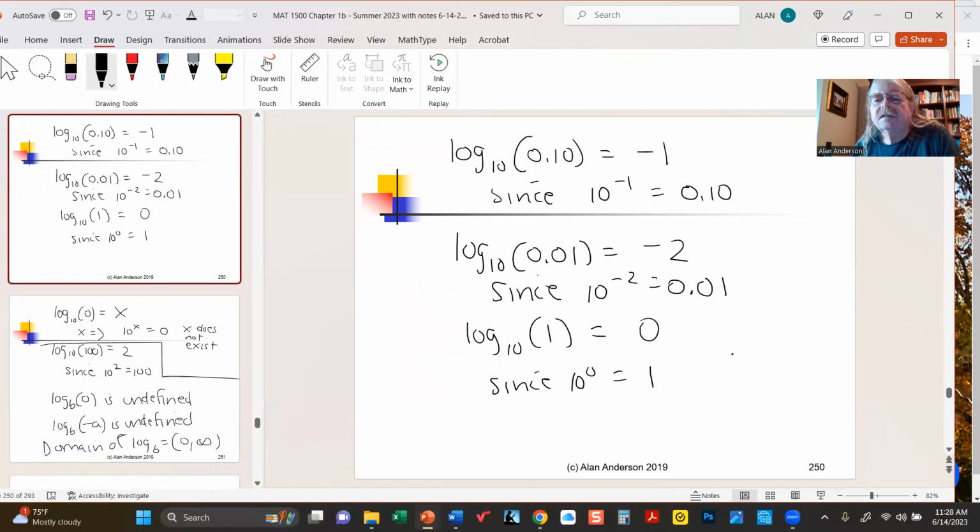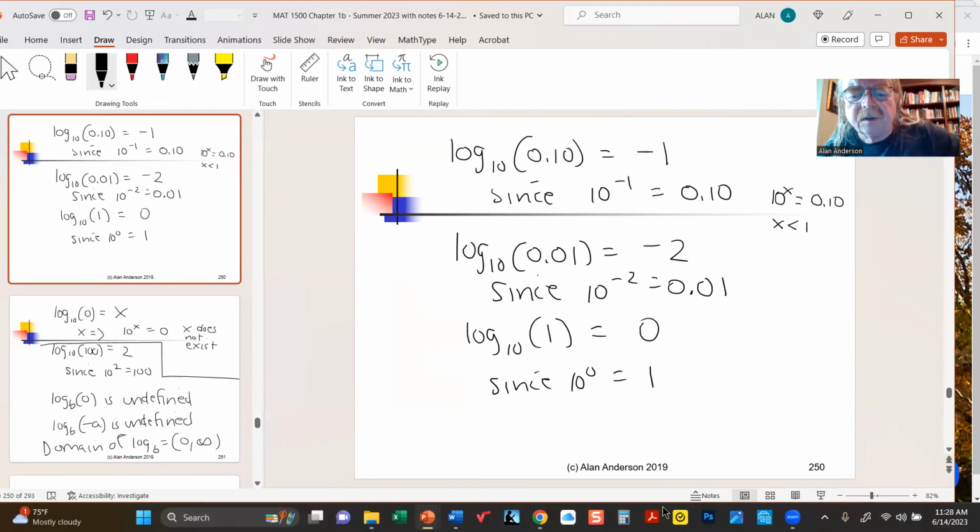Remember that the log is some exponent of 10 that gives 0.1. So that means that the exponent cannot be 1 or greater. In other words, if it was equal to 1, then we would have 10. So the fact that it's less than 1 indicates that the result will be negative.